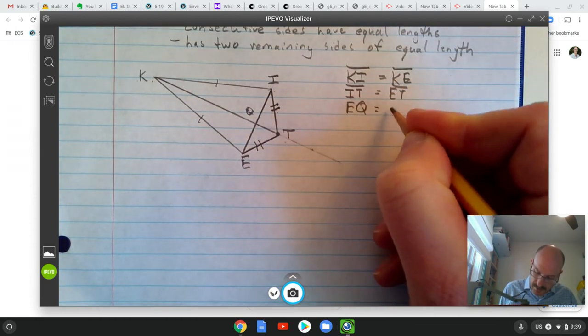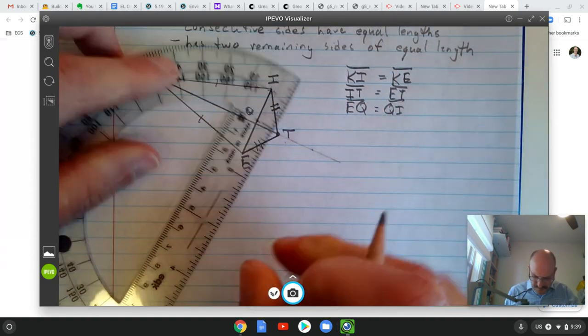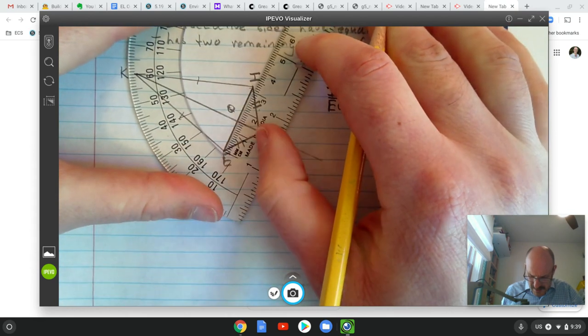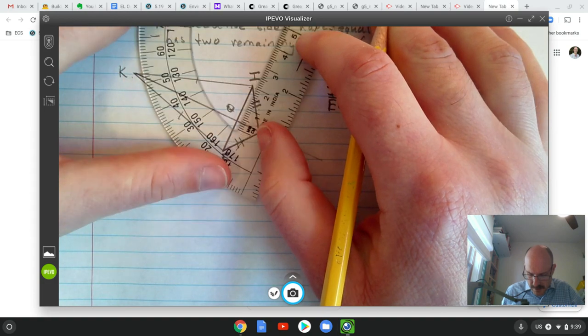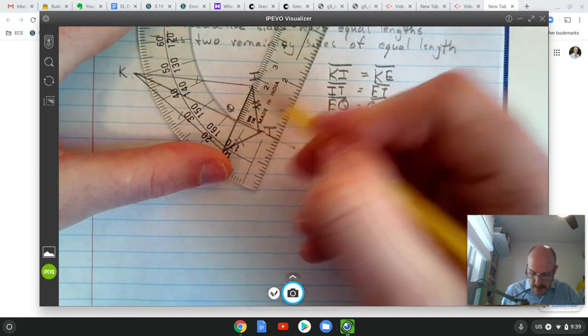EQ equals QI. Let's measure it to double check. That's about 1.5 centimeters. That's about 15 millimeters. And that is also about 15 millimeters.